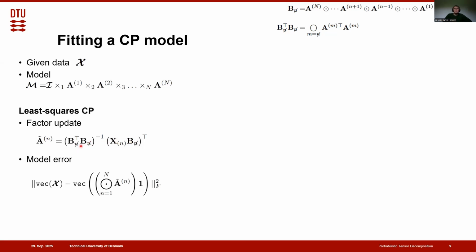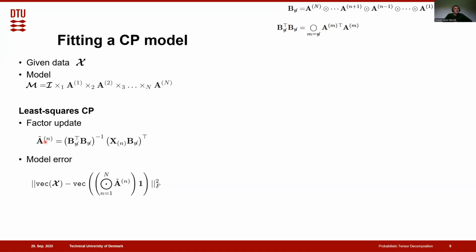This here is called the matricized tensor times Khatri-Rao product for the CPD. That is basically the matricized data multiplied by all other factor matrices given by this one here. And then we have to account for the scaling and the cross correlation, and that's done by calculating this term, which can also be calculated efficiently.